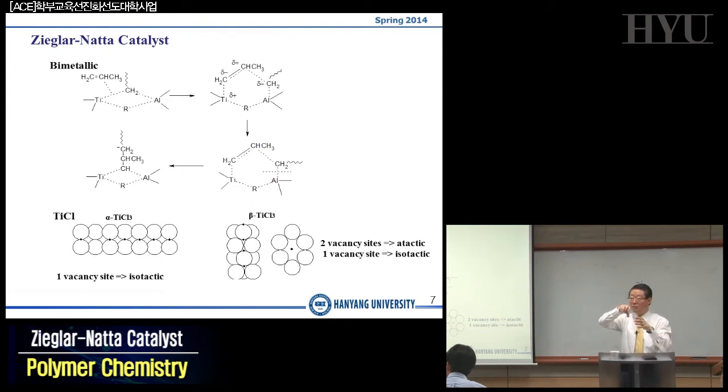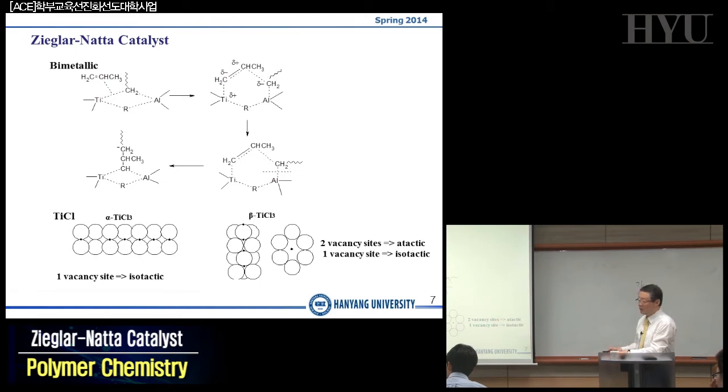So you have different empty spaces in between. And I'm not an expert, as I said. Alpha titanium trichloride may have one vacancy site, whereas beta titanium chloride may have two vacant sites or one vacant site.